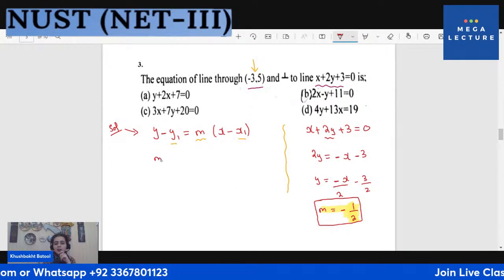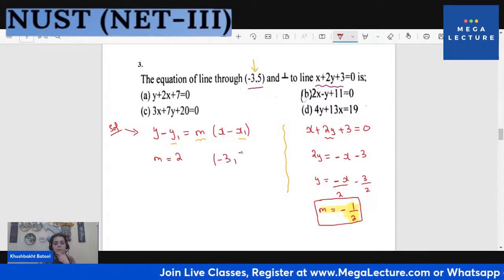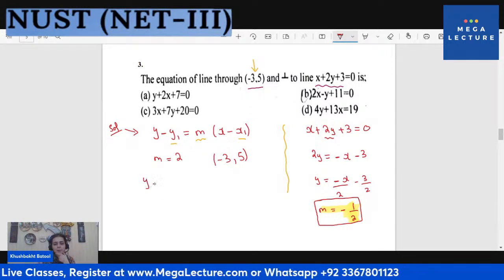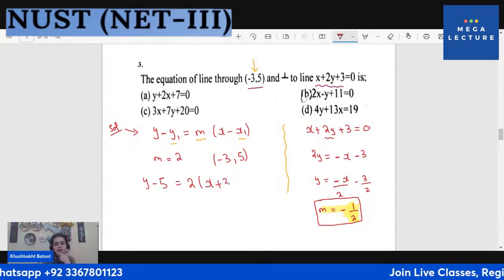The slope of this line would be 2. It would be the negative reciprocal of minus 1 by 2. And the point is minus 3 and 5. So let's plug in all the values. It would give me y minus 5 equals 2 times x plus 3.